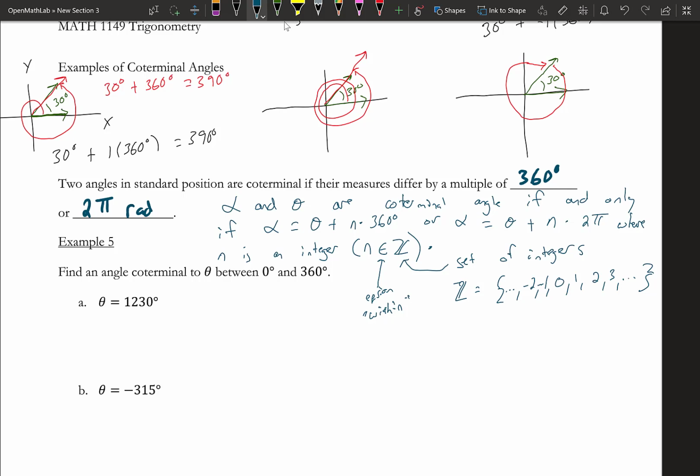So we have positive and negative numbers going in both directions, but there's no fractional or decimal part. This is what we call integers. And these three dots here are called an ellipsis, and that means it's going in both directions forever.